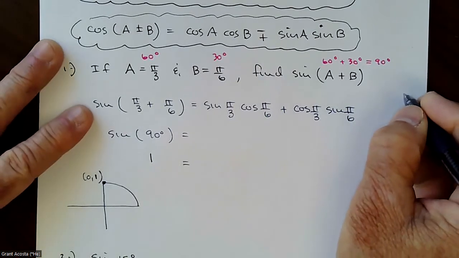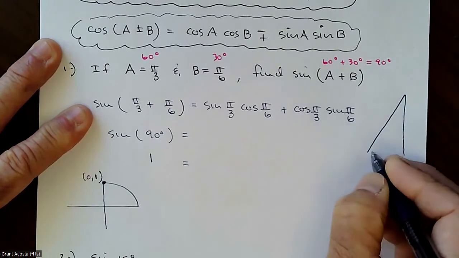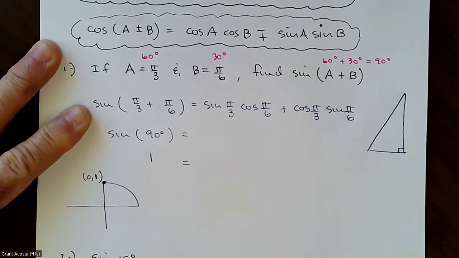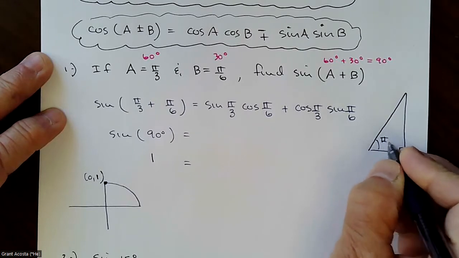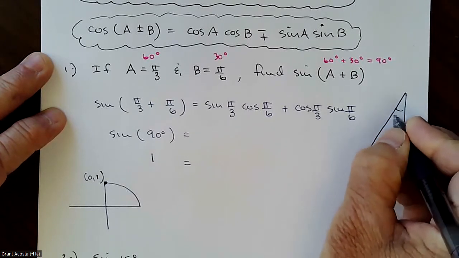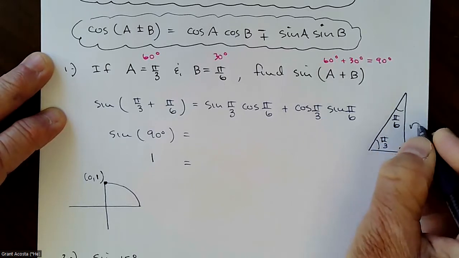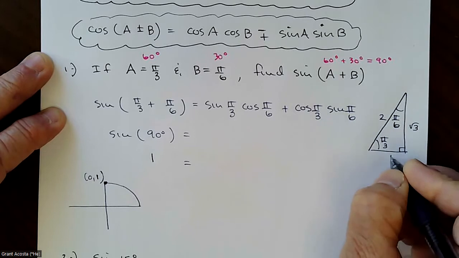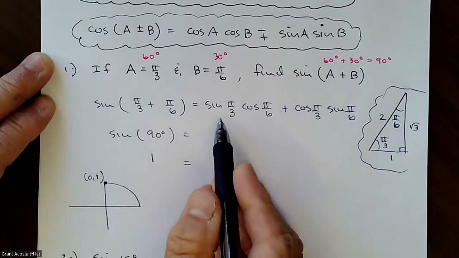Fortunately, for both of those angles, we can use the same special triangle that we've been using for the last few lessons. If this angle is pi over 3, this angle has to be pi over 6, and the sides are root 3, 2, and 1. I'm just going to be referring to this triangle for both of these.